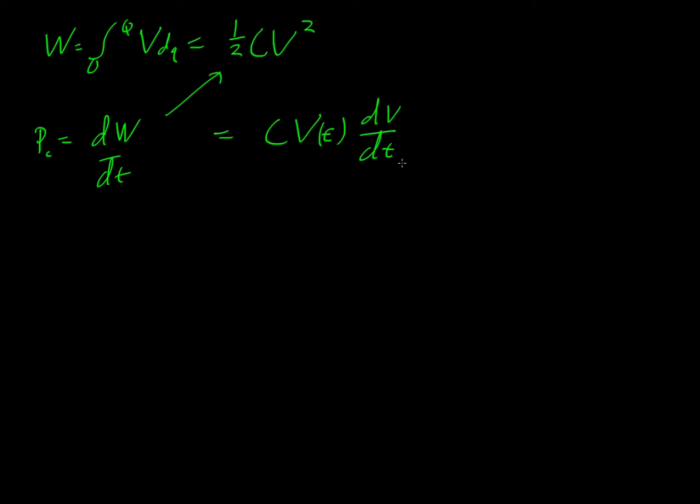So now, in order to see what the power is, we need to find the actual function for V of t. Well, V of t is simply going to be equal to our Q of t over C. Remember, we just rearrange our capacitance equation: C equals Q over V. Well, we can just swap those two, and C is a constant, but voltage and charge can vary with respect to time, so we can redefine it as this equation.